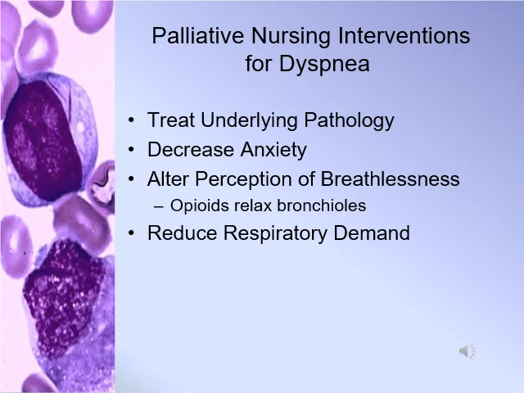Opioids are going to relax the bronchioles, help with that feeling of breathlessness, and reduce the respiratory demand. We want to teach energy conservation. We're going to help them be in a position that's going to help with their respiratory drive as best as possible. And ultimately, we want to keep them comfortable. We want them to be breathing as, quote, normal as possible during that stage. And usually opioids can help with that.